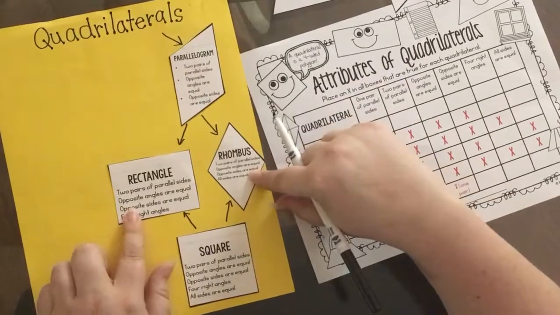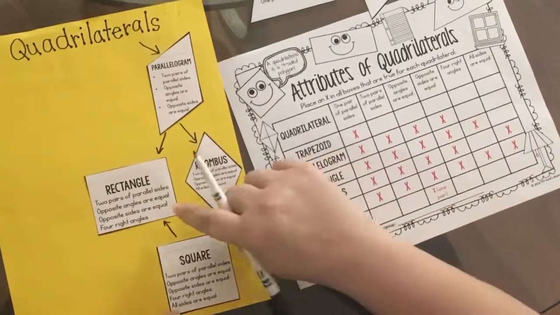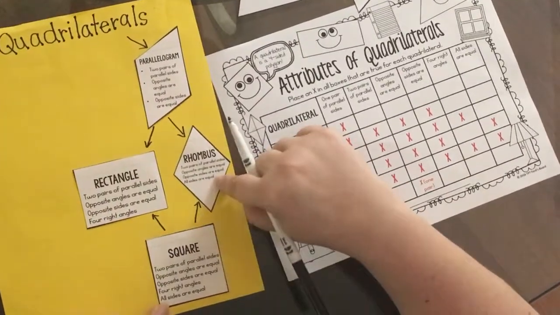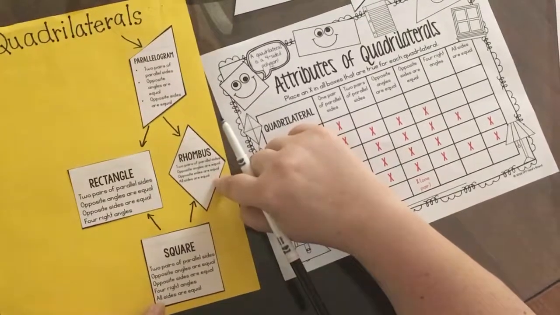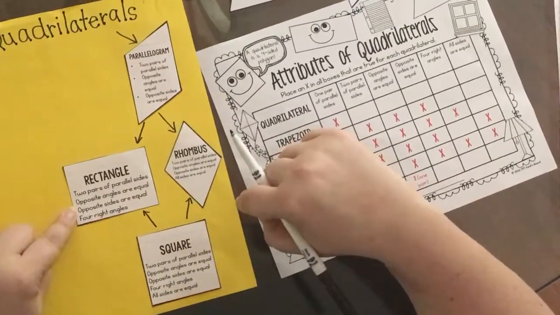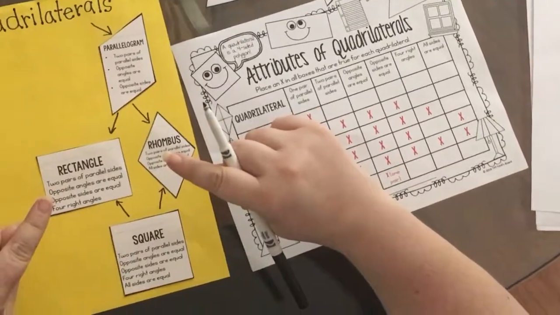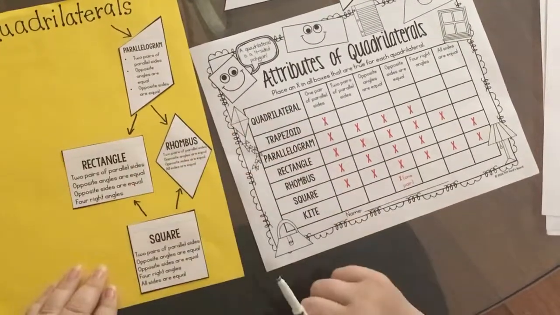But a rhombus and a rectangle cannot be a square because a rhombus would have to have 4 right angles to be a square, and a rectangle would have to have 4 sides that are of equal length, which we don't have.